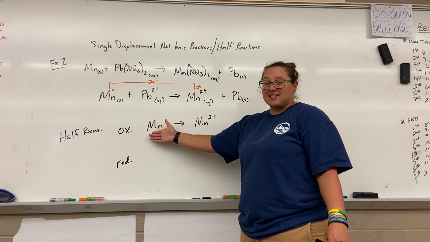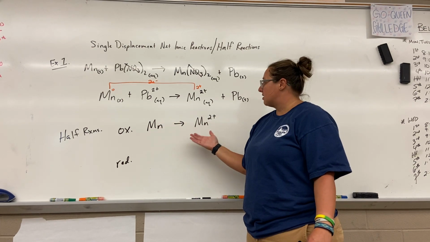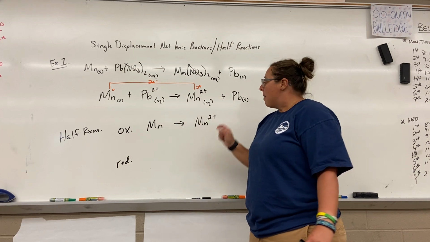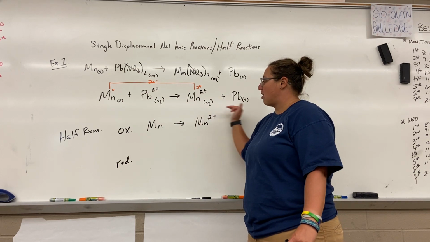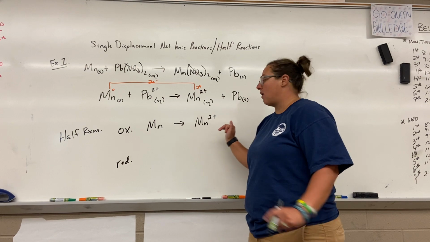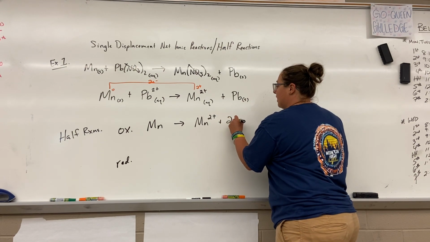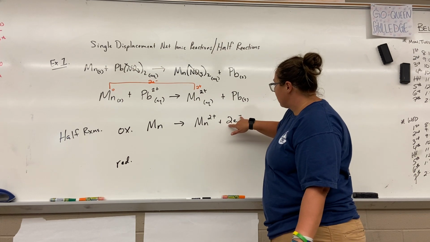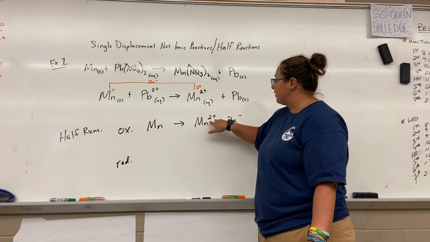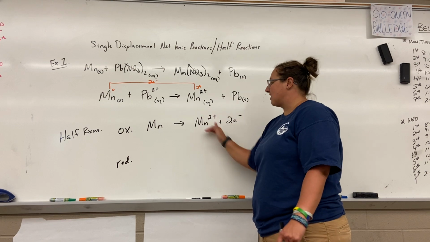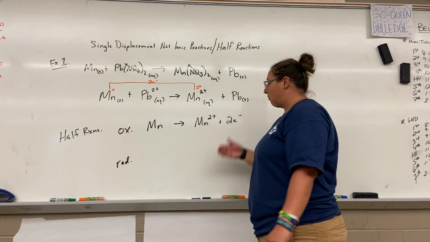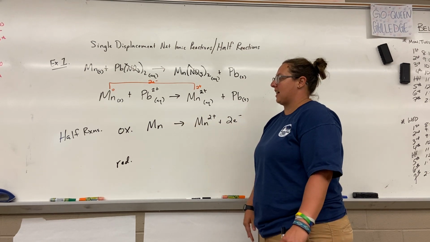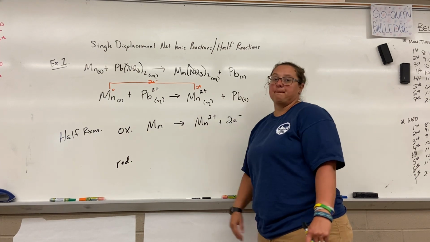I can't make this side 2+ because there's nothing that I can add there. But I can make the overall charge of this side 0 by adding the 2 electrons on this side, because what this is doing is making 2- and 2+, and that cancels out to be 0. So this is my balanced half reaction for the oxidation.